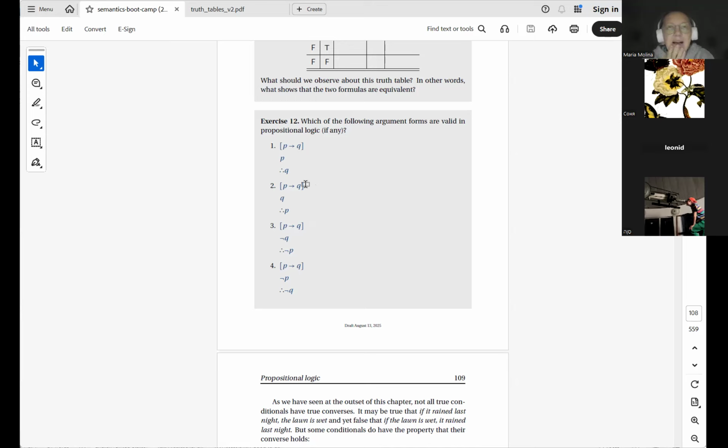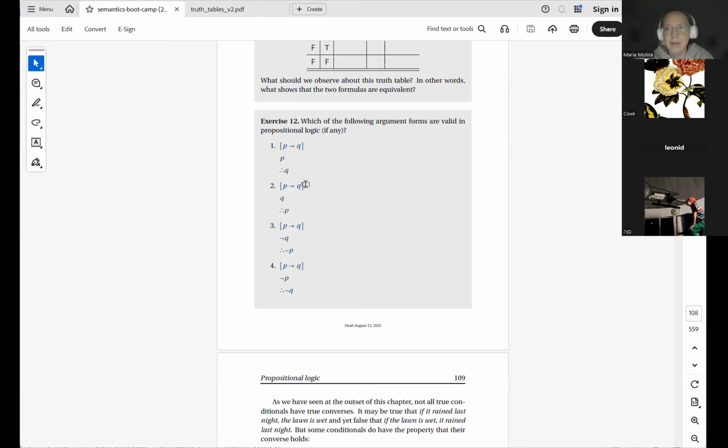If the grass is wet, does this mean that it rained recently? Not necessarily. There are other reasons why the grass might be wet.